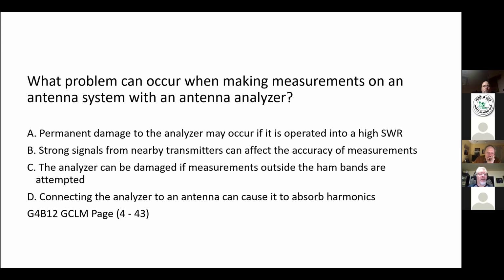Or C, the analyzer can be damaged if measurements outside the ham bands are attempted. Or D, connecting the analyzer to an antenna can cause it to absorb harmonics. I'd go for Bravo, strong signals from nearby transmitters. Bravo is correct. You don't want to be transmitting close by to it because it'll affect it.